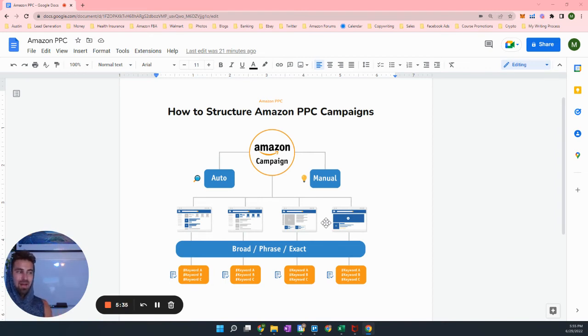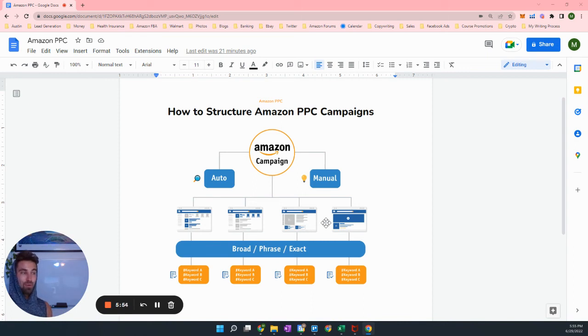So broad match, a lot of discovery done there. Really, as targets get found from your auto campaign and you broaden and phrase, they should move toward the exact match and product targeting specific campaigns.